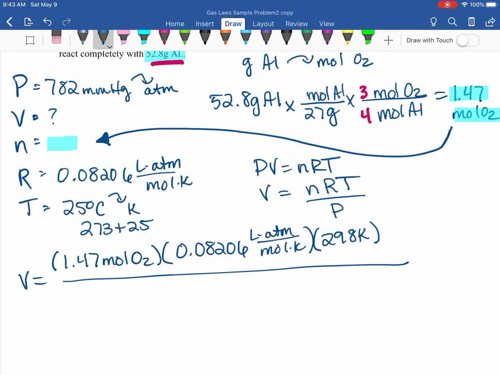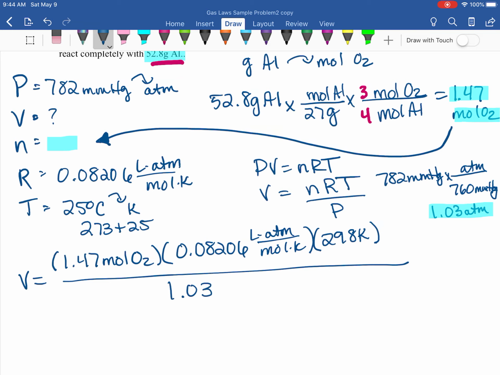And then what about our pressure? We need to convert that to atmospheres. Let's take a second to do that. 782 millimeters of mercury divided by 760 will give us atmospheres. So grab your calculator there. 782 divided by 760, I get 1.03 atmospheres.